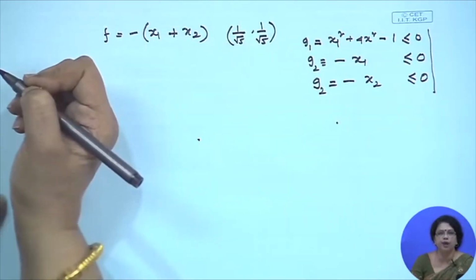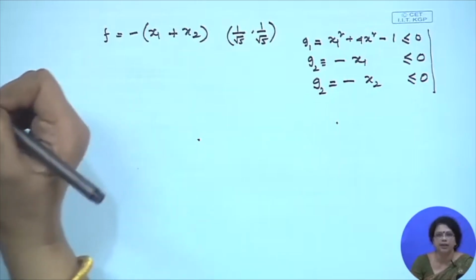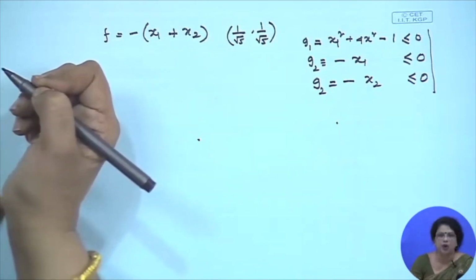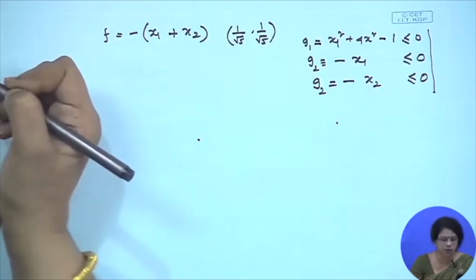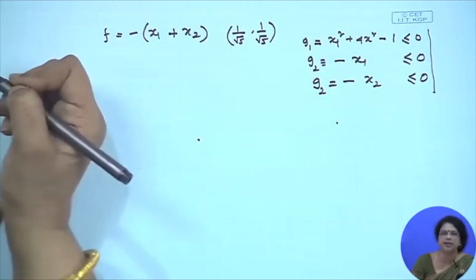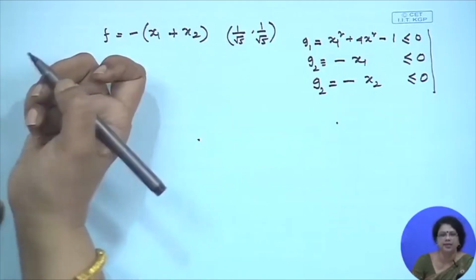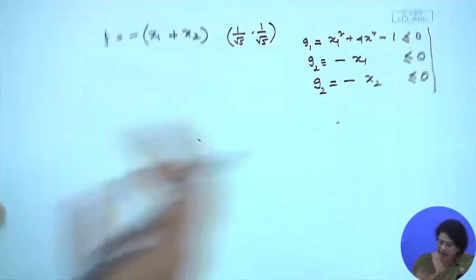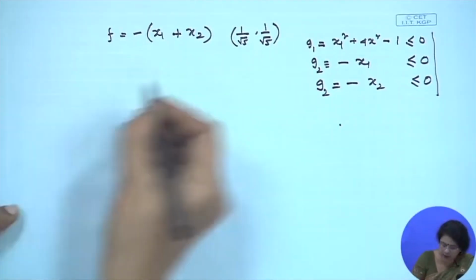We need to find out whether all the directions are feasible and or descent direction or not. The direction can be feasible, infeasible, descent, or ascent. Okay. With that idea, we are going one by one.